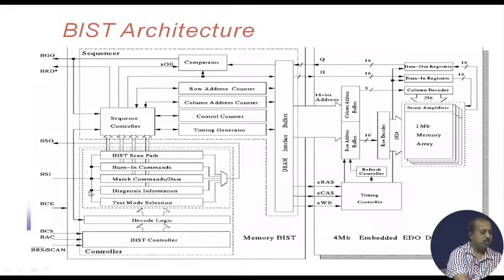There are many more signals. I will not go into much detail because that itself is quite complex, but essentially the controller is designed to provide all the read write instructions and these addresses to the memory for getting its content checked for faults and all that.